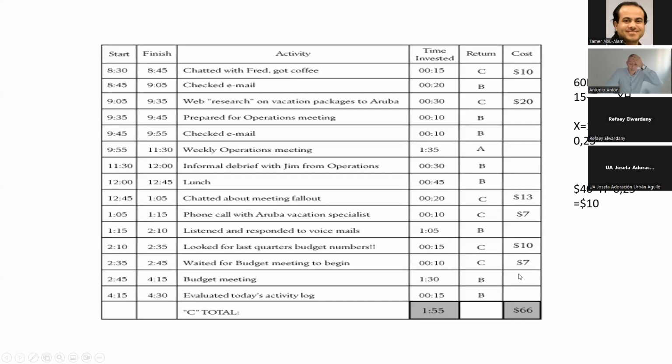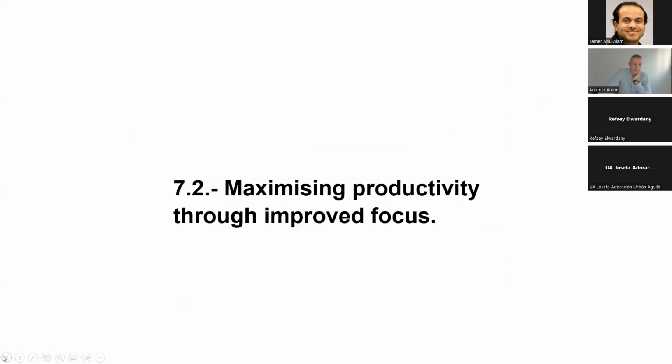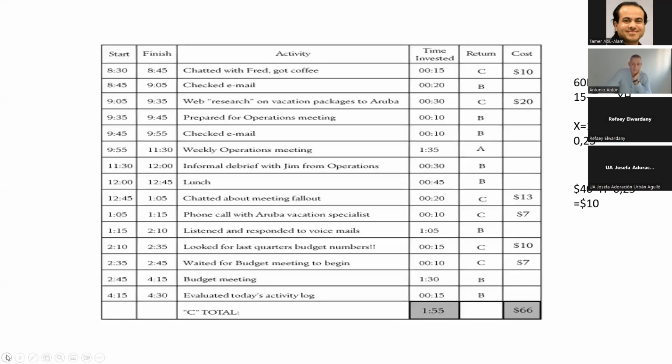The result shows that the total that I invest in C, in these activities, is 1 hour and 55 minutes, and involves a quantity of 66 euros per day. If you multiply it per year, maybe it's a massive quantity.